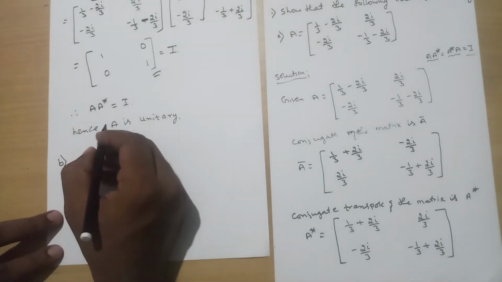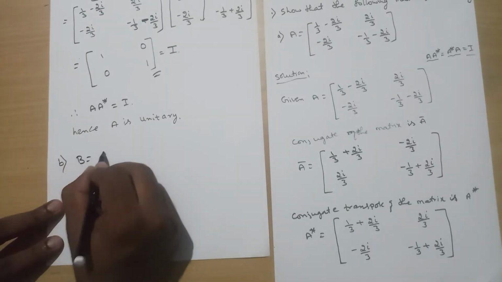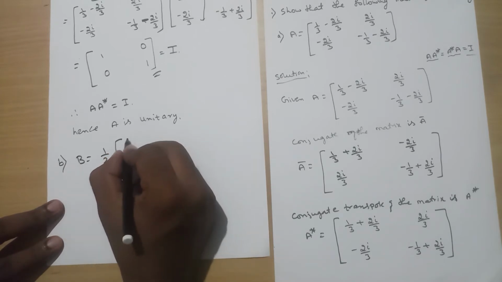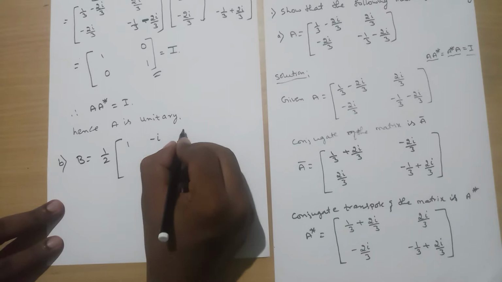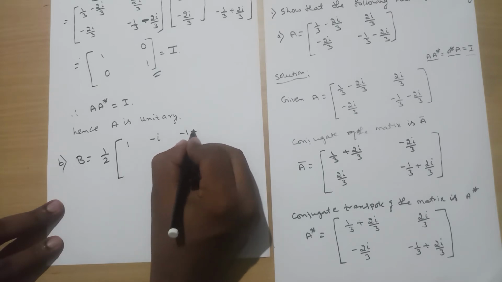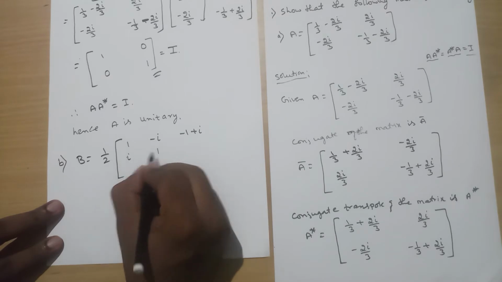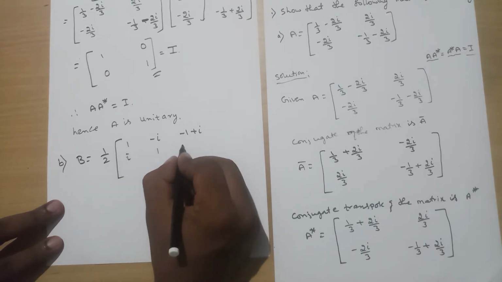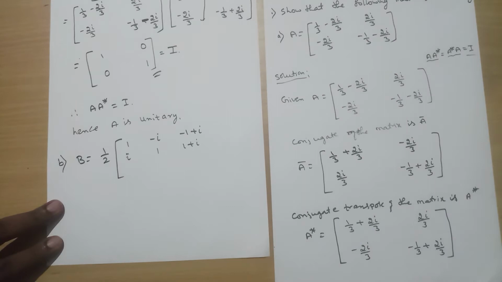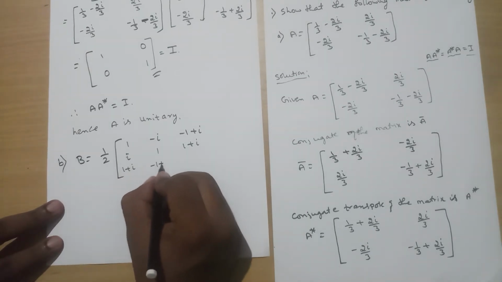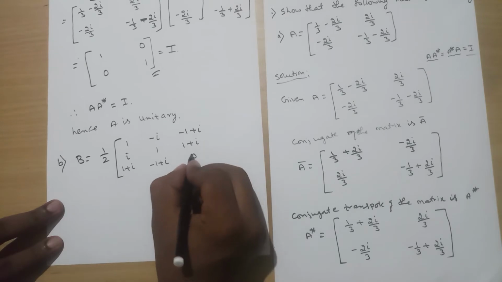Here. So what do you get here? B equals 1 by 2 times of here 1 minus 1 minus 1 plus I, and here I 1 1 plus I, 1 plus I minus 1 plus I 0.